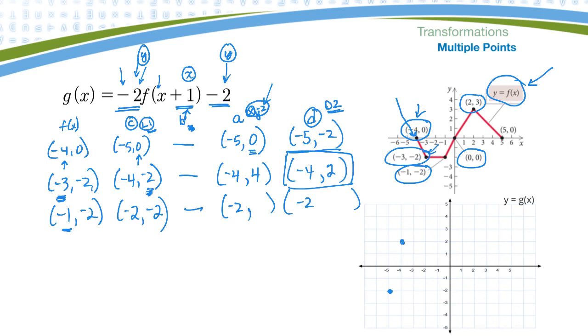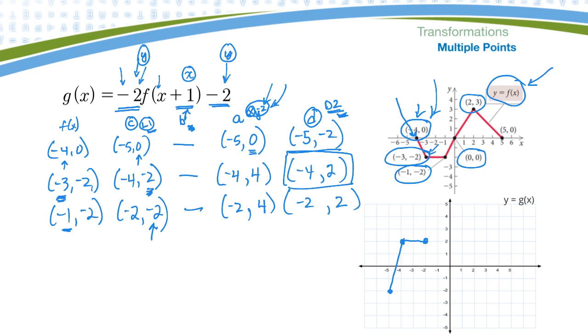But for Y, in this step, I have to multiply the Y value by a negative 2. So that'll be a positive 4. And then I have to move it down 2. So that'll be a 2. So minus 2 and 2, that'll be that point. Now if I join things, you can probably see what's going on. It's similar to what's happening at the start of this graph. I'll do one more. You should do all of them, but I'll just do one more, just so you're getting the idea.